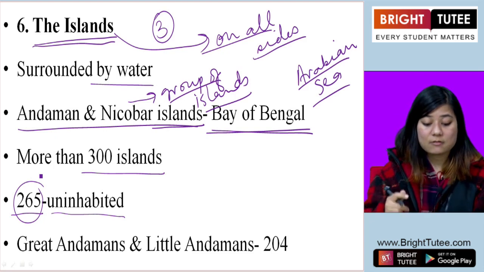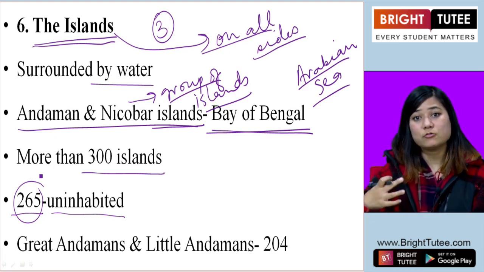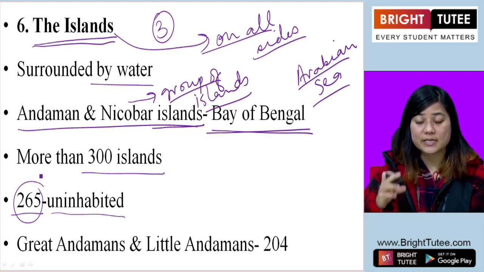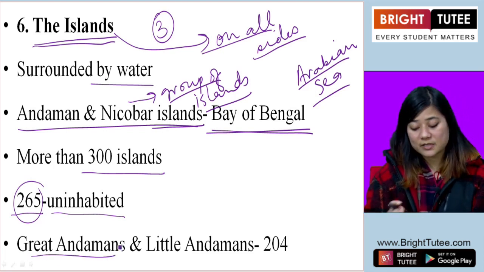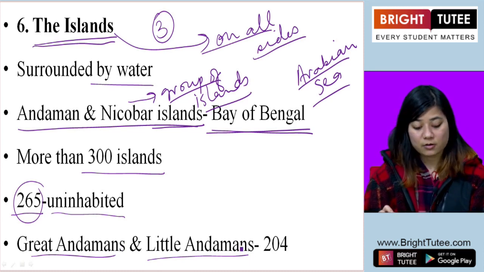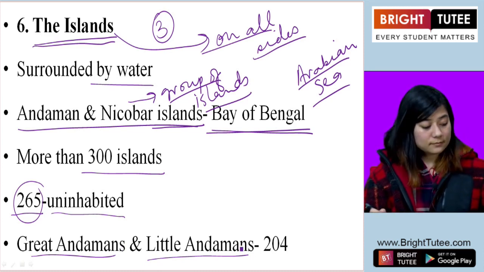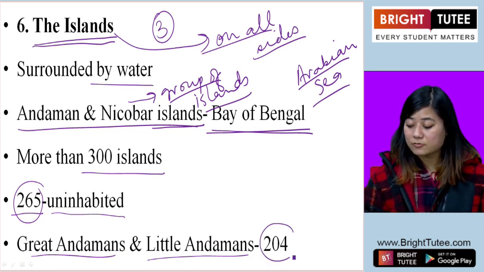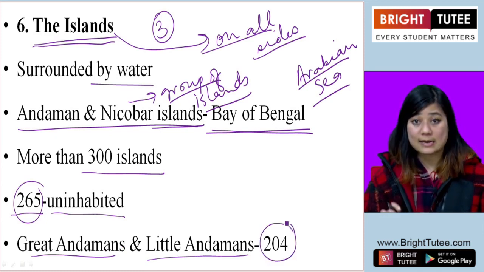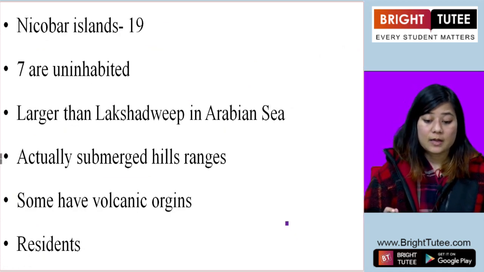Okay, now Andaman and Nicobar Islands are also divided into many portions or parts. They are divided into Great Andamans and Little Andamans. Okay, now the Great Andamans and Little Andamans have about 204 islands. Okay.